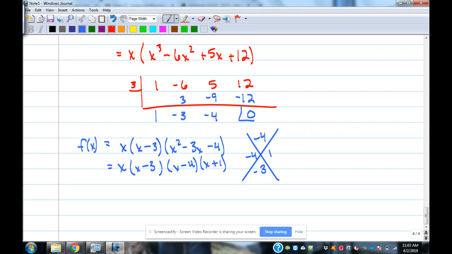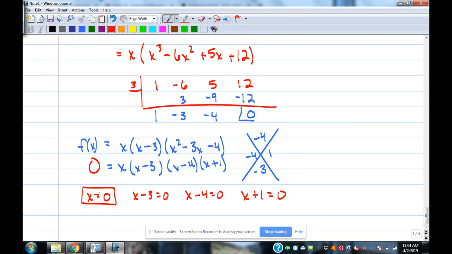I'm taking that and setting it equal to 0 to find the solutions, the x-intercepts, the zeros, the roots of this polynomial. Okay, so I get x equals 0, x minus 3 equals 0, x minus 4 equals 0, and x plus 1 equals 0. So I'm just taking each factor after I've factored as far as I can, setting each one equal to 0 and solving it in whatever way.